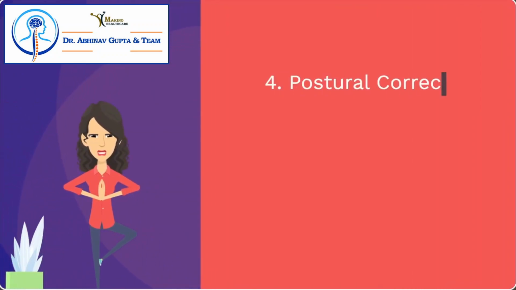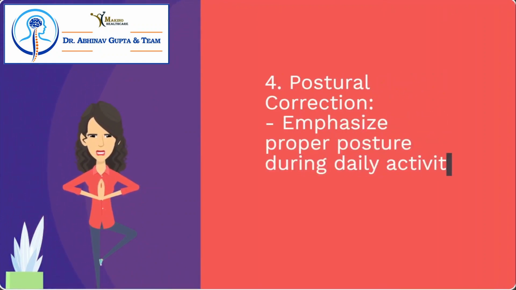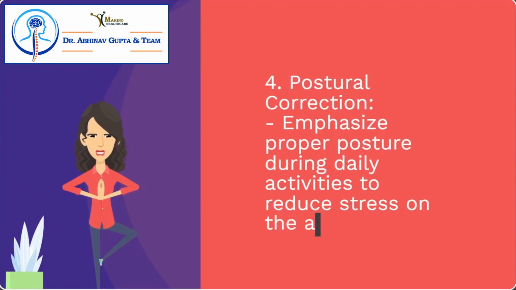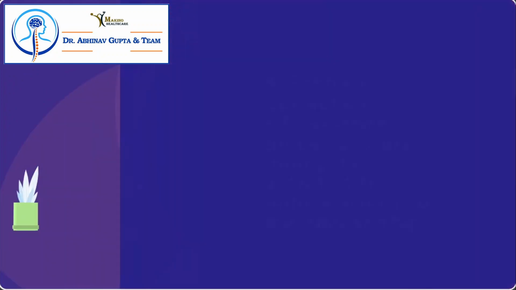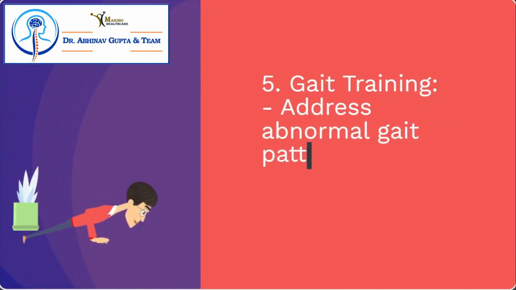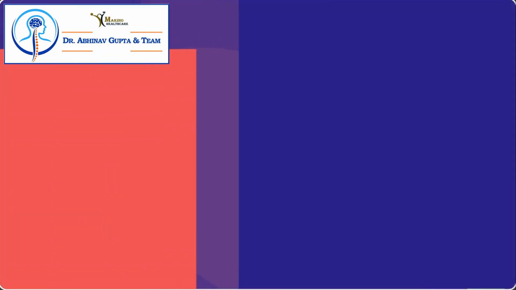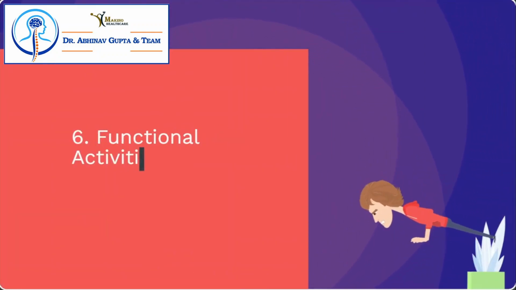4. Postural correction. Emphasize proper posture during daily activities to reduce stress on the affected hip. 5. Gait training. Address abnormal gait patterns to improve walking mechanics. 6. Functional activities.